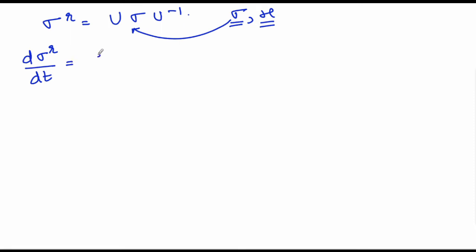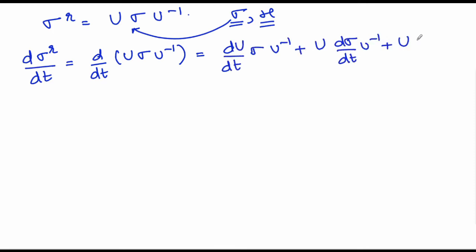This is going to be given by d over dt of U sigma U inverse. Since it's a differential involving three variables, you have to carefully do it. dU by dt, and we know for a fact d sigma by dt is given by minus i times the commutator of sigma comma H. This is what we have seen earlier as the Liouville von Neumann equation.